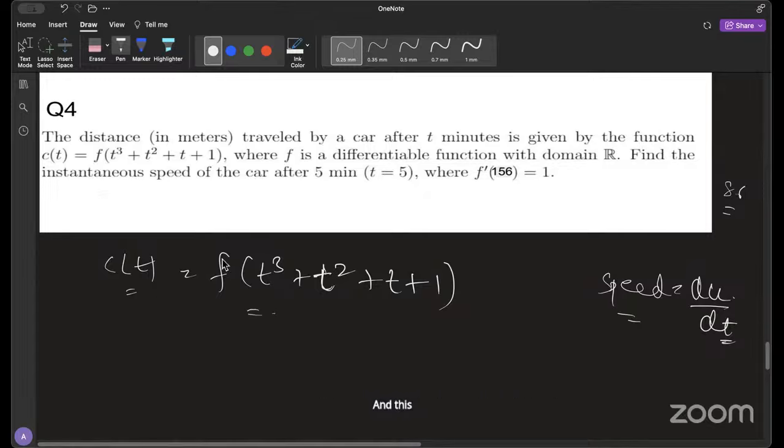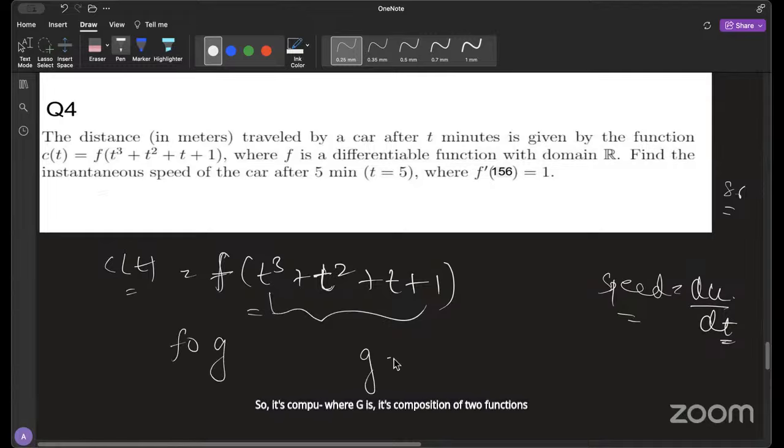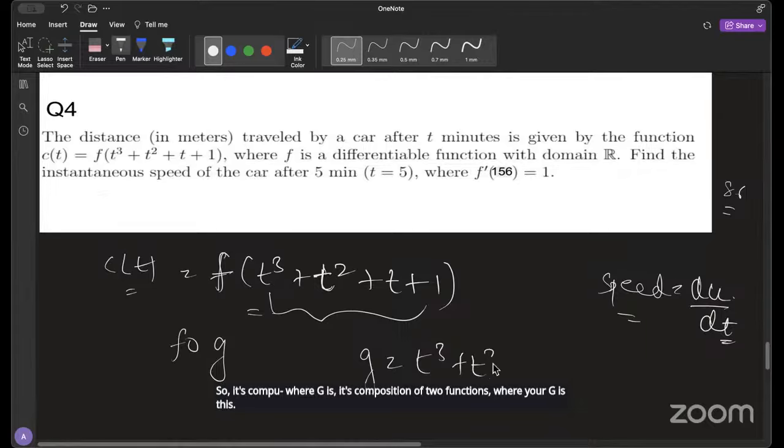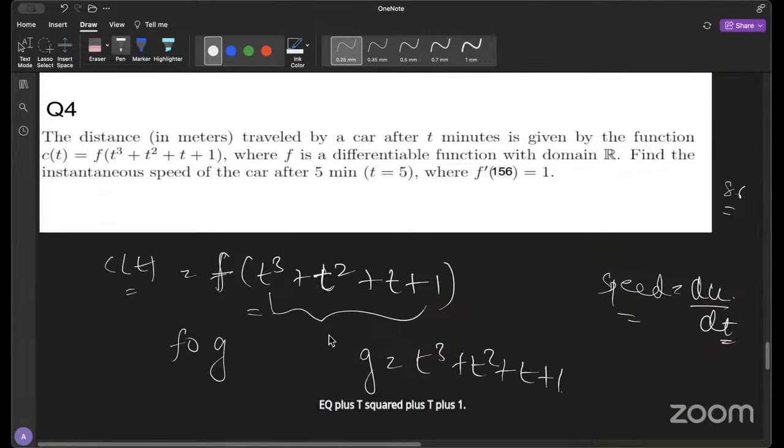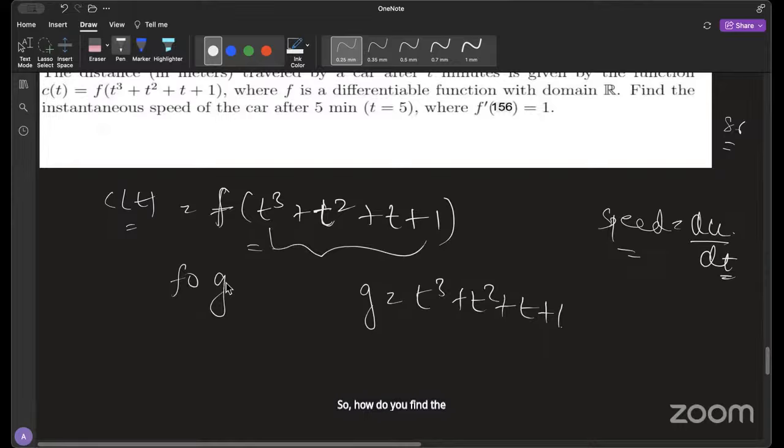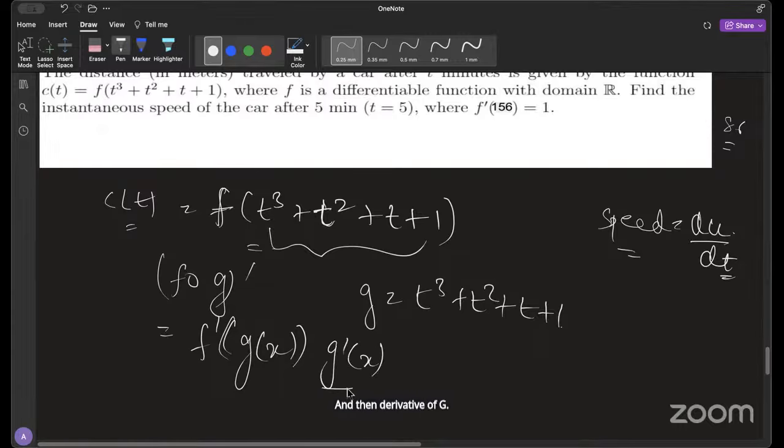And this is a composition of two functions. One is f, and the other function is this one, right? It's a composition of two functions, where your g is t cube plus t square plus t plus 1. So how do you find the derivative of this thing? Derivative of f o g is derivative of f with g x in the argument, and then derivative of g multiplied.